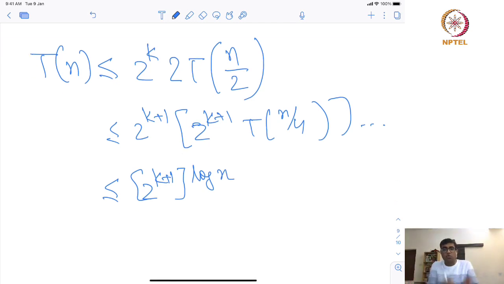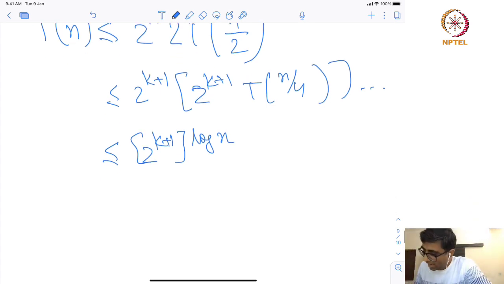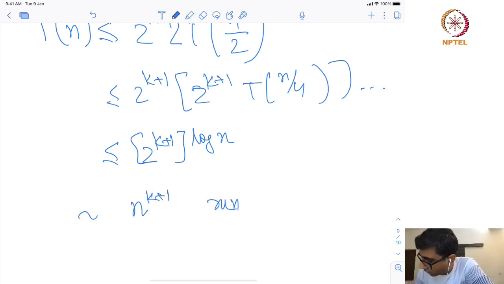Because n by 2, n by 4, n by 8, n by 16, and so on, in log n terms. So this is upper bounded by, roughly, n to the power 2 power log n, which is n to the power k plus 1. Okay, this is roughly the running time of this algorithm.